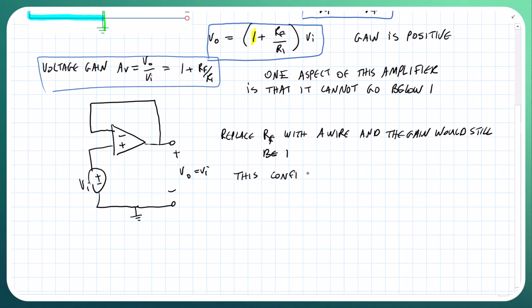This configuration has a specific name. It is called a voltage follower, or a unity gain amplifier.